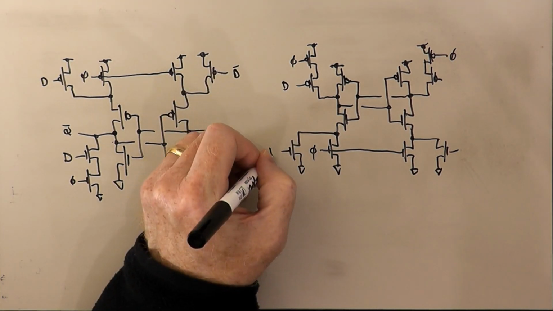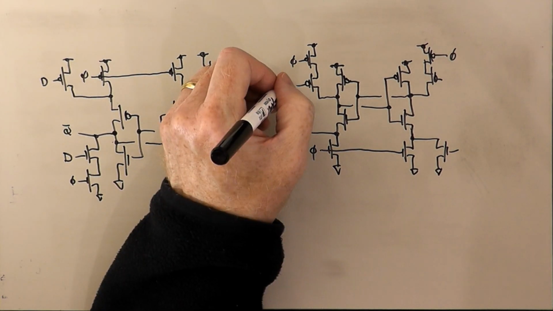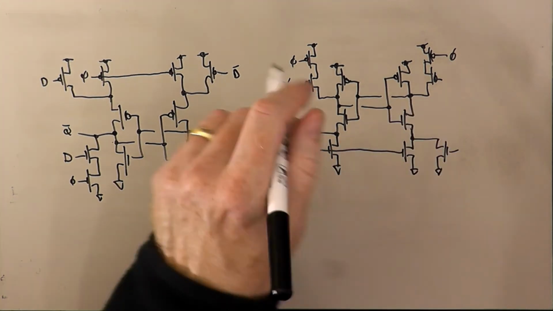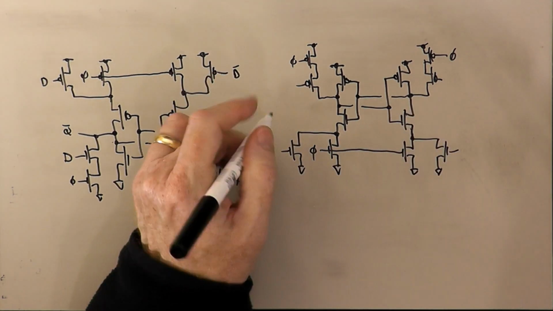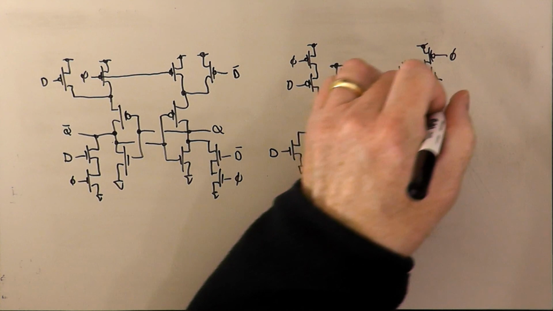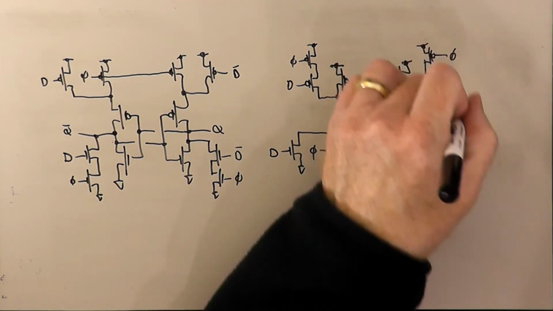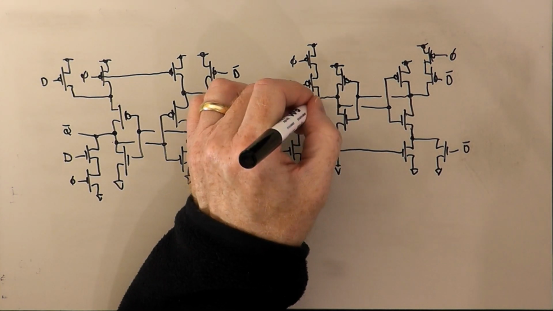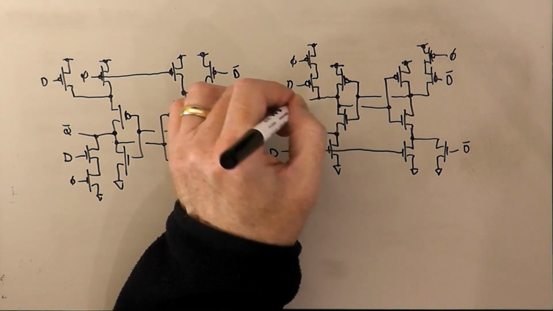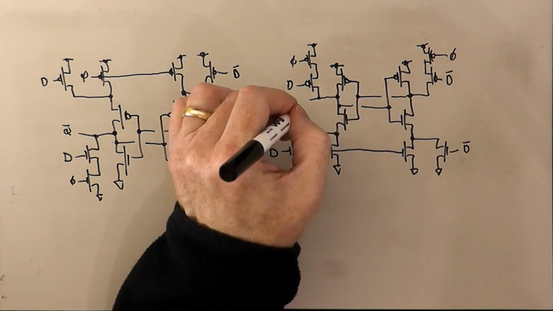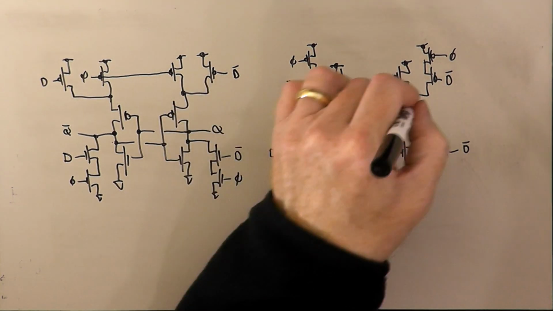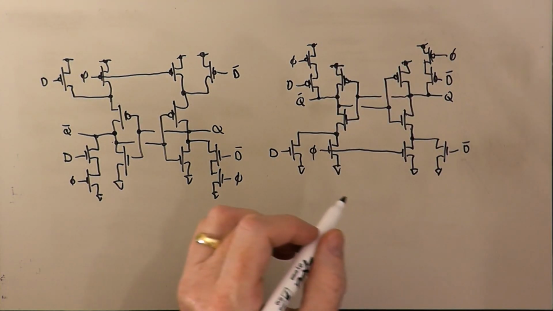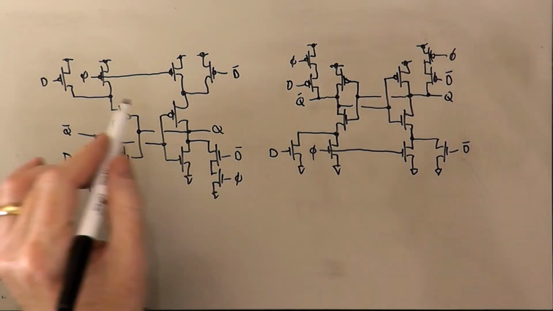And I could have this wrong, but we either put D, we call D prime in here, or I guess I should say D and D bar. And then this is probably Q bar and Q. So this is sort of the upside down version of this.